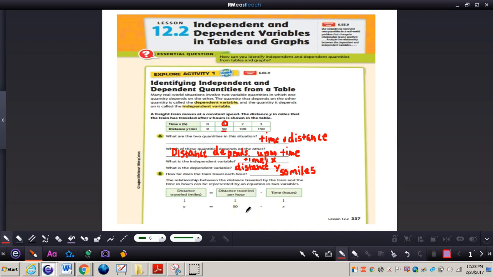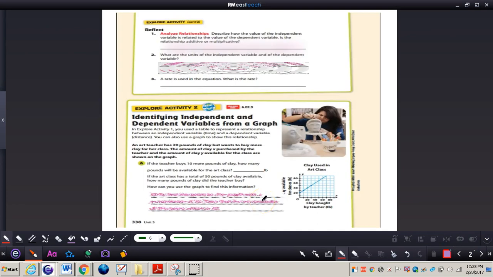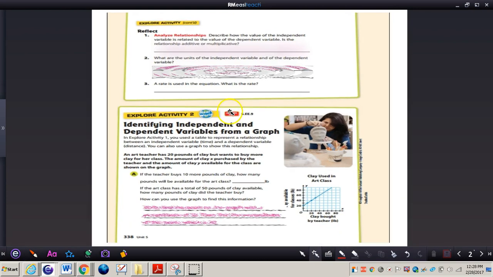So let's continue to take a look at this problem on page 338. It says describe how the value of the independent variable is related to the value of the dependent variable. Is the relationship additive or multiplicative? In other words, are we dealing with addition or multiplication? So we can see the answer.